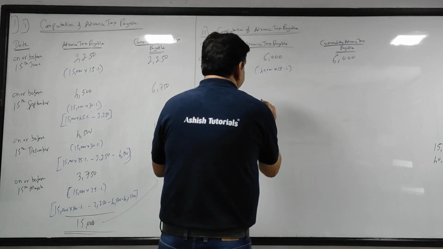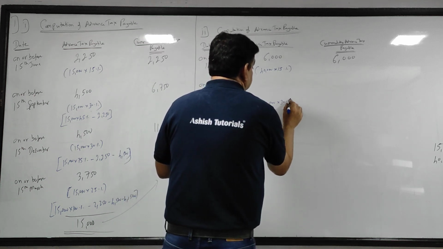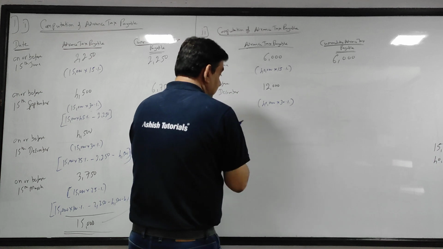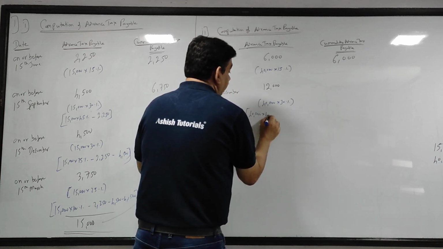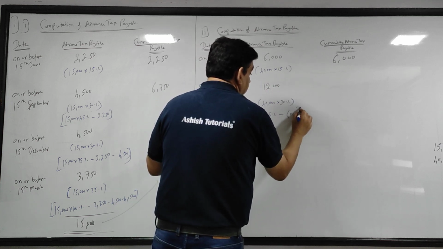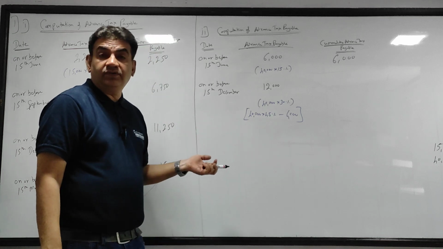So what I'll do? 40,000 का 30%, that gives you 12,000. Other way around, 40,000 का 45%, उसमें से 6,000 माइनस करो, you will get the same amount.